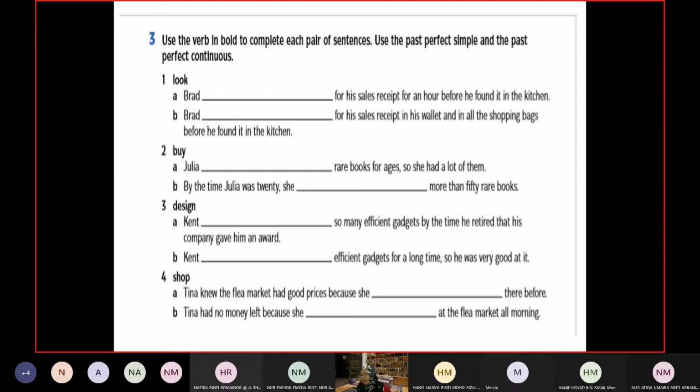So there are 2 sentences for each verb. So you have to identify which one that you use past perfect, which one that you have to use past perfect continuous. All right, I give you 4 minutes to write using pencil in your textbook before we discuss the answer.